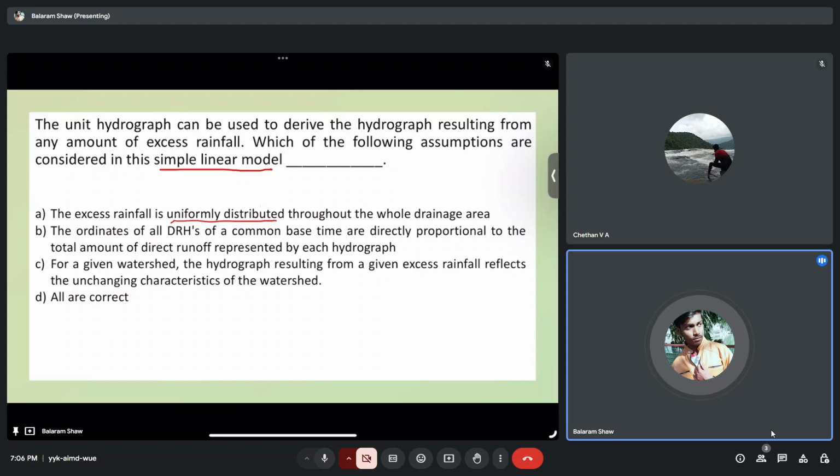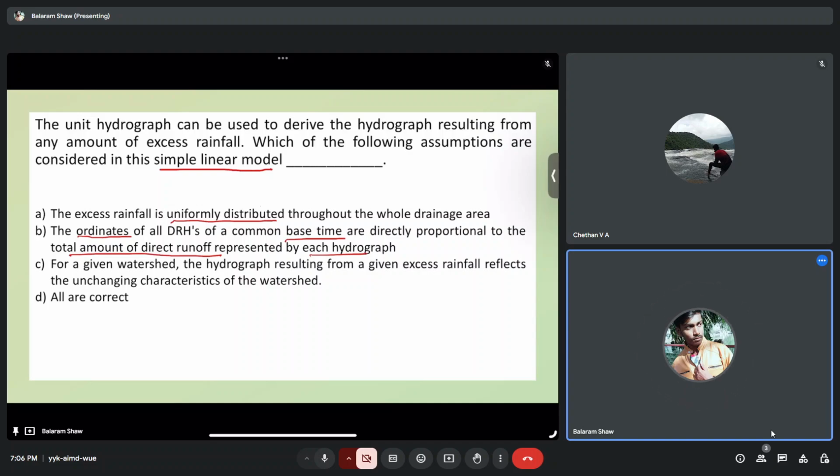Next is the ordinates of all direct runoff hydrographs of a common base time are directly proportional to the total amount of direct runoff represented by each hydrograph. So what it is mentioning is that direct runoff hydrograph ordinates with the same base time are directly proportional to the total amount of direct runoff represented by each hydrograph.